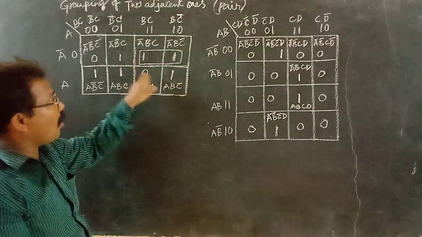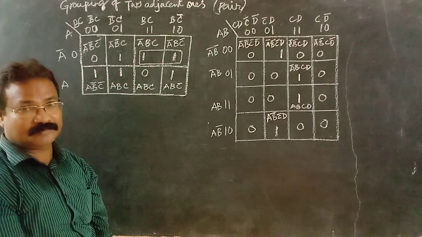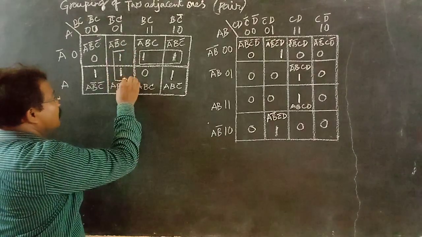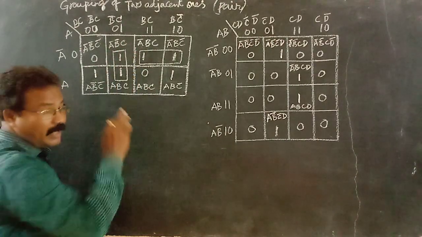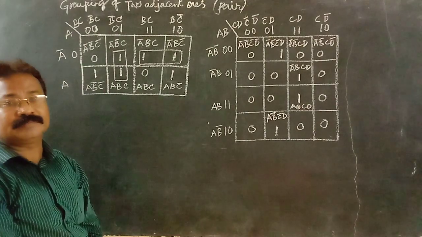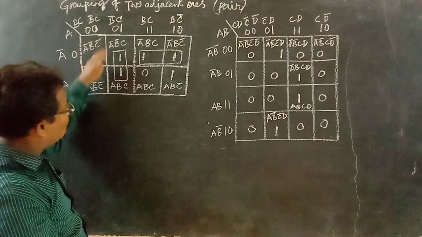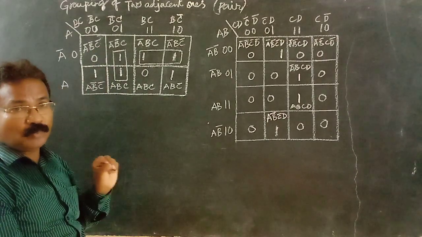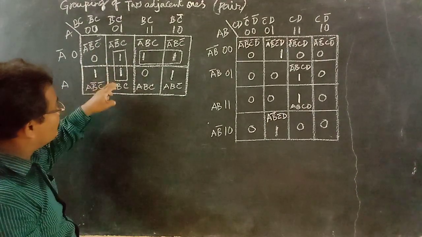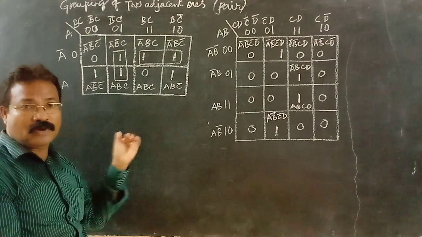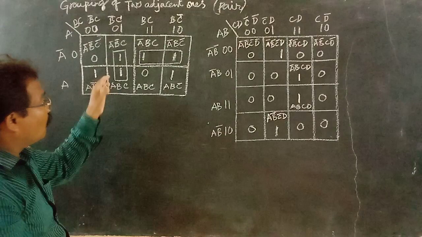This is the horizontal grouping. Again, this can be considered as another pair, another group, and this group consists of the combination of two minterms. These are present vertically. So this is the vertical grouping.